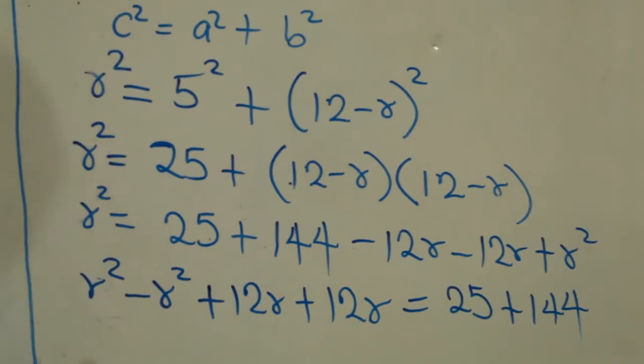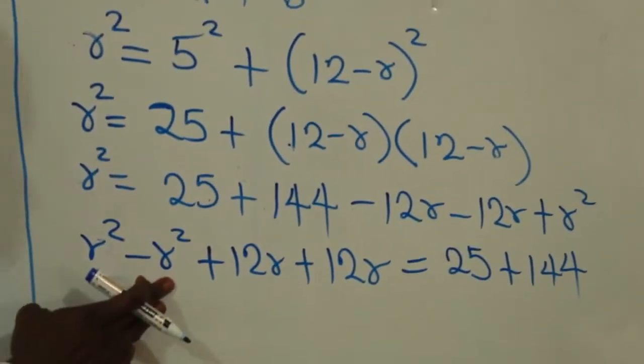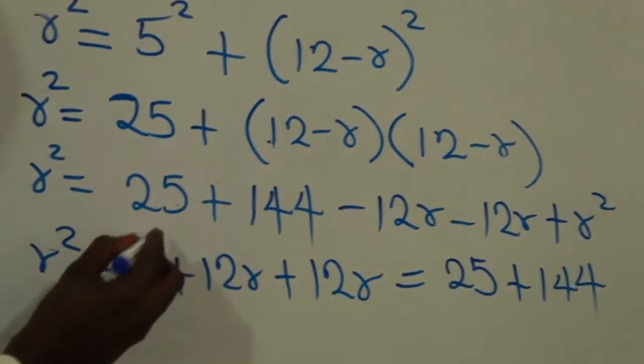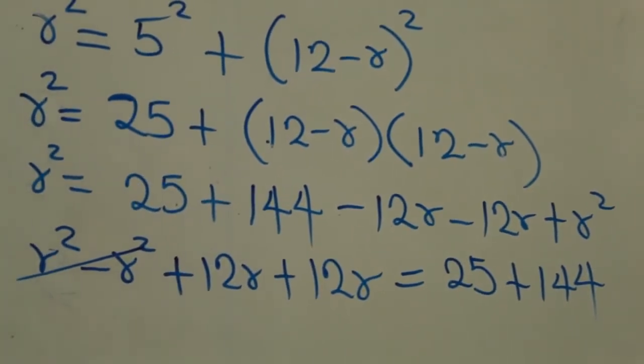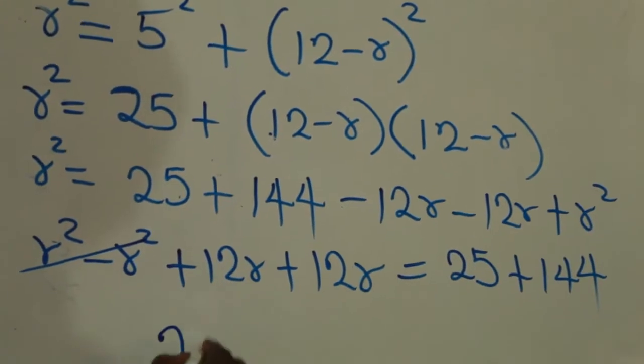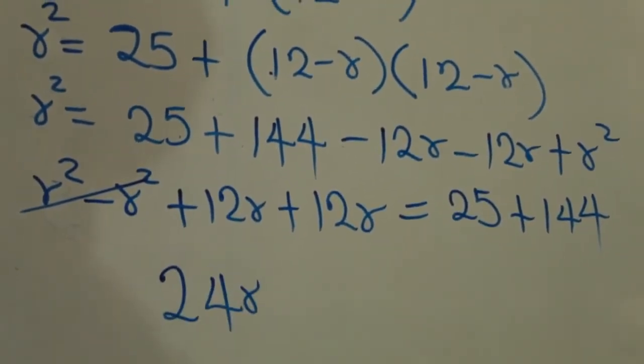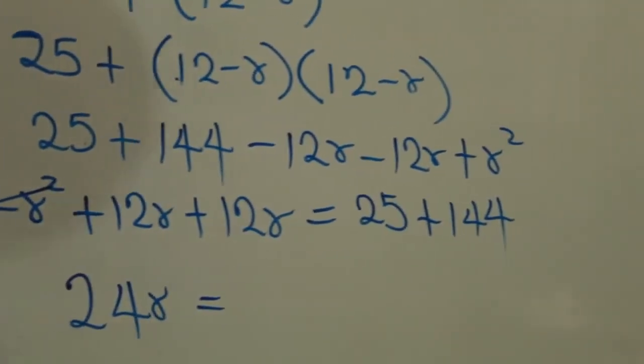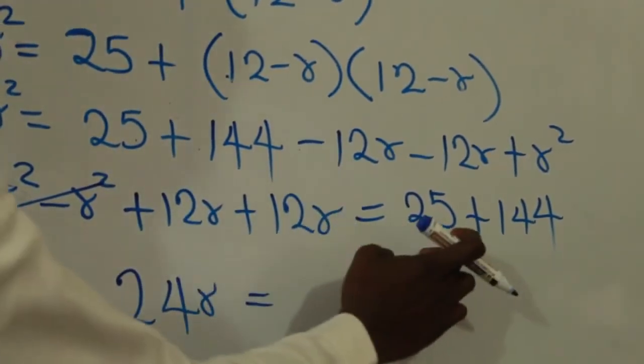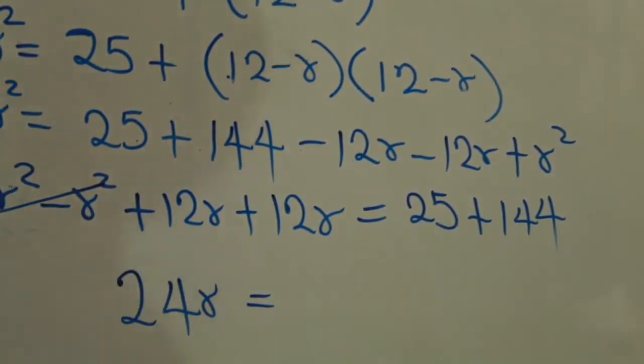If you notice, R squared will subtract R squared, and it will cancel out. So I'll be left with 12R plus 12R, and that's equal to 24R. 24R will be equal to 25 plus 144.